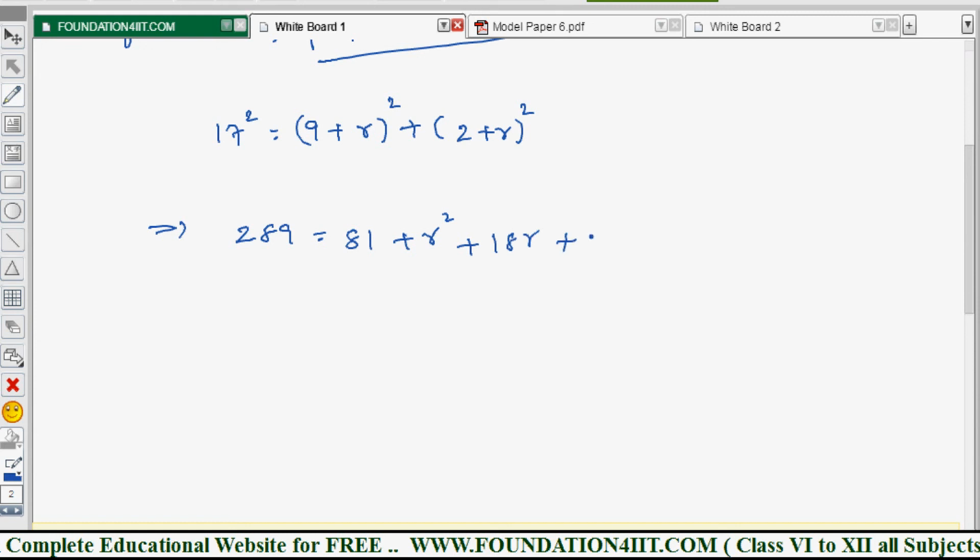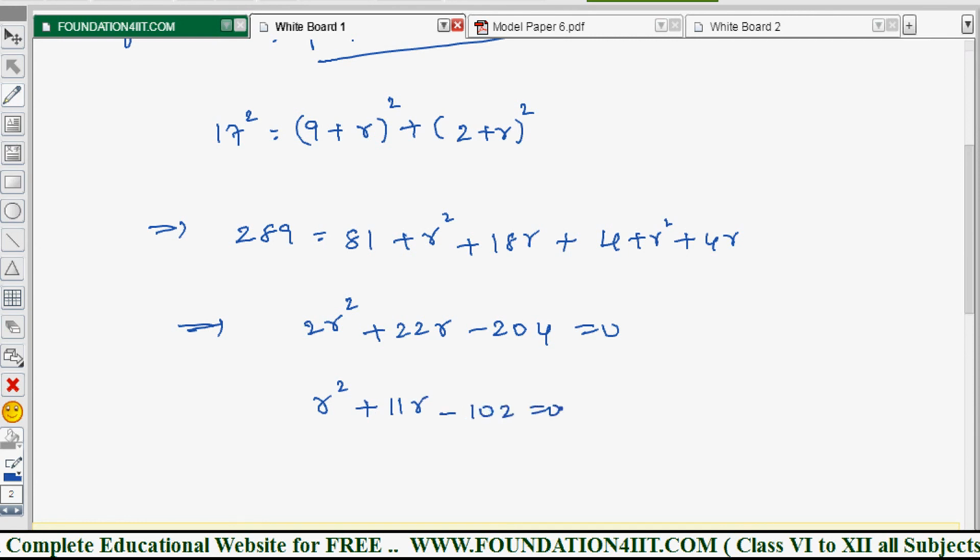And (2 plus r) whole square is 4 plus r square plus 4r. Taking all the terms to one side and simplifying, we get 2r square plus 22r minus 204 is equal to 0. Take 2 common and simplify: r square plus 11r minus 102 is equal to 0.